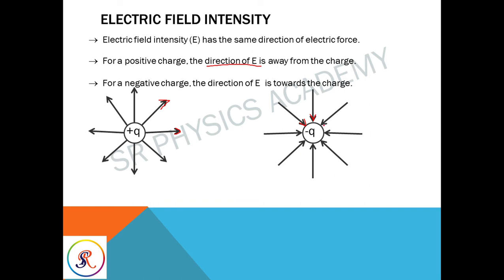Clear? So now we learned two main points. For a positive charge, the direction of E is away from the charge. For a negative charge, the direction of E is towards the charge.